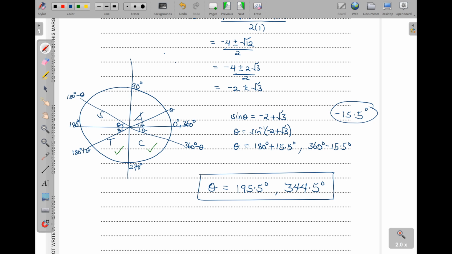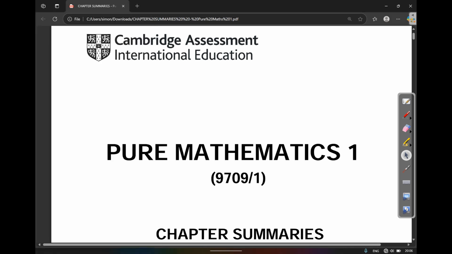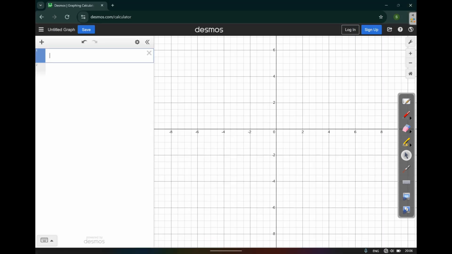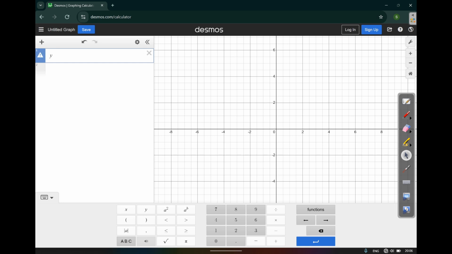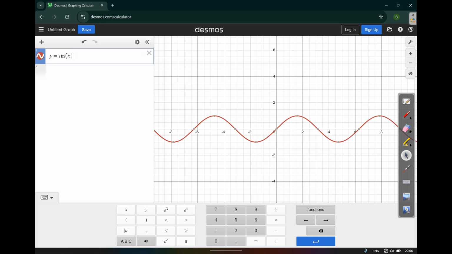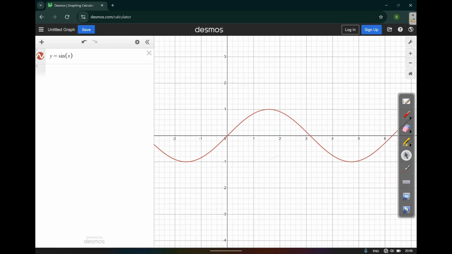I've taken only one value here, but we can also have sine of theta equal to -2 minus root of 3. This one is undefined, because sine does not go beyond -1. Actually, when you check here, sine, I propose y is equal to sine of x, you can see that it doesn't go beyond 1.